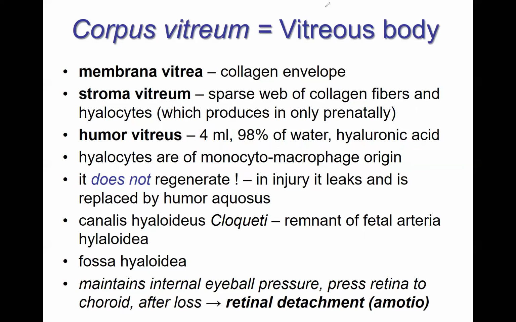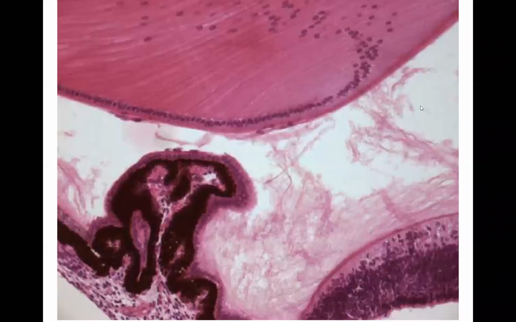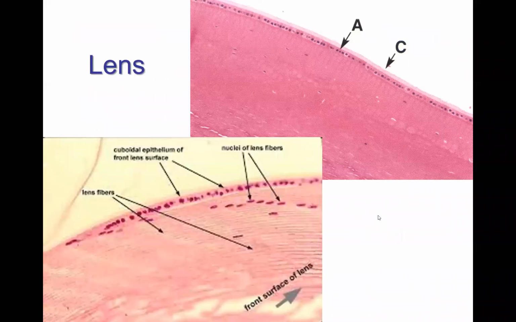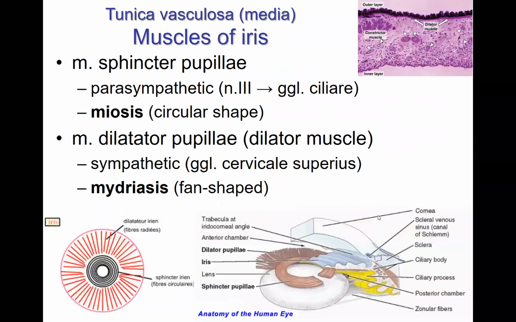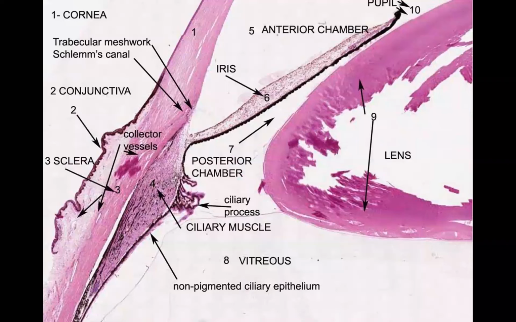Why we have the vitreous body? When I go maybe back here, you can see it's not well visible here. I'll find a nice figure for that. But the pigmented epithelium, yeah, it's well visible here. The pigmented epithelium and retina, they are not attached firmly.